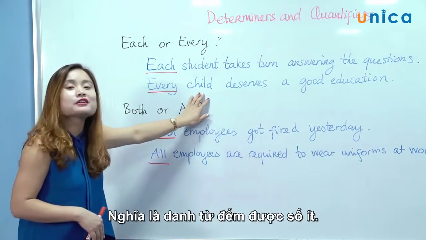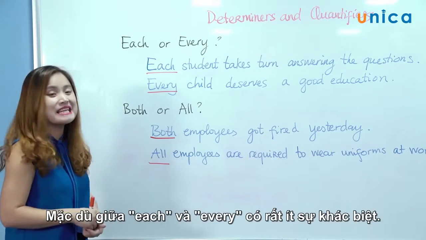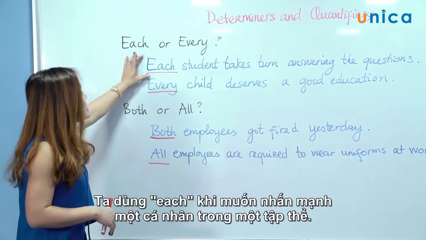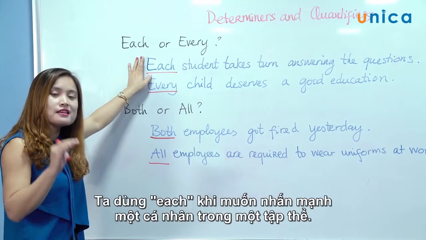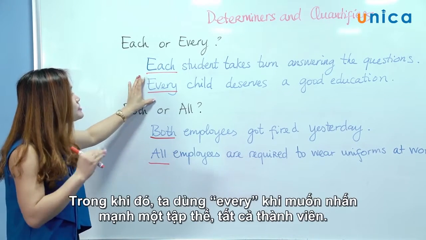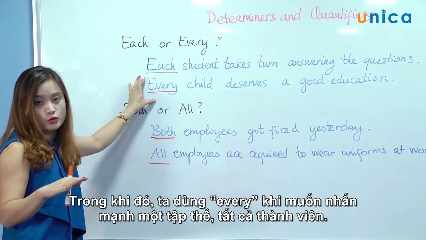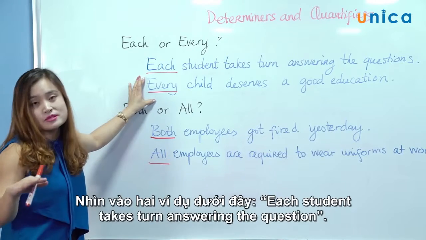I mean singular countable nouns. However, there's a little difference between each and every. We use each if we want to stress the individual members of a group. However, we use every if you want to stress or emphasize the whole group or all members of a group.